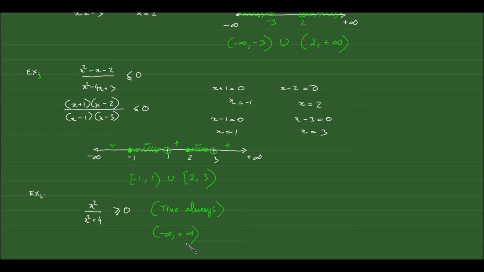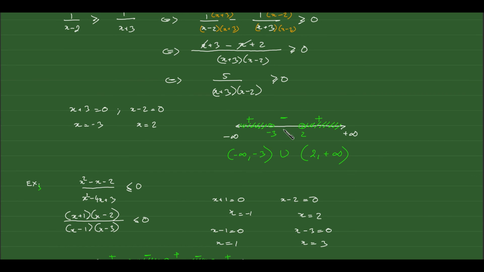Again, for solving polynomial inequalities and rational inequalities, the only option, the unique option, is to put it on a number line. You have to create the side table like this.